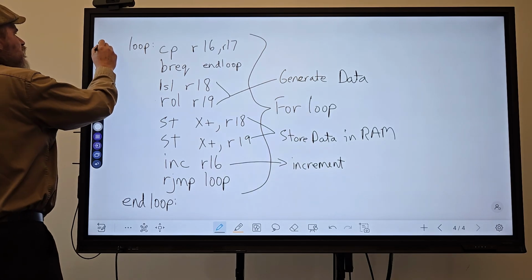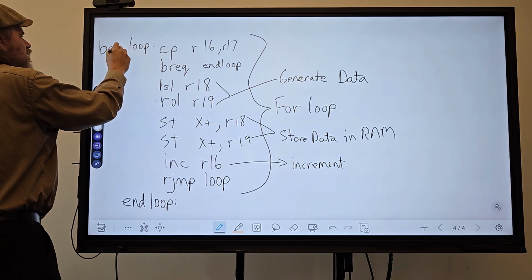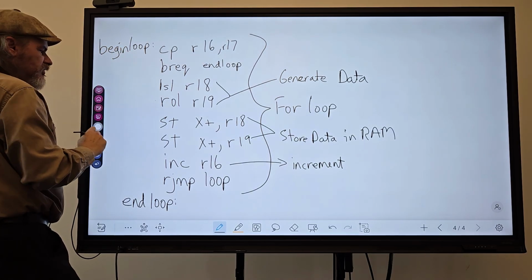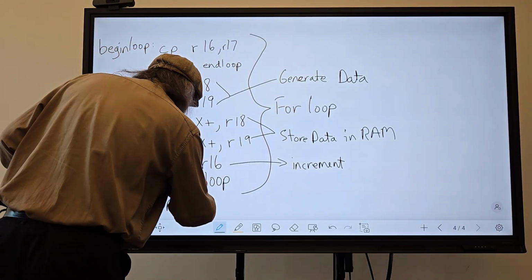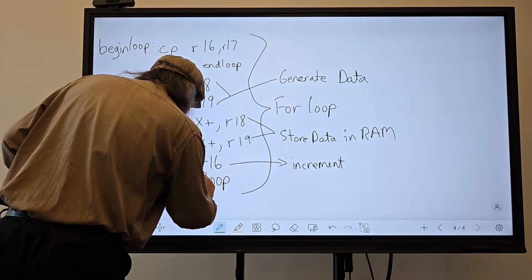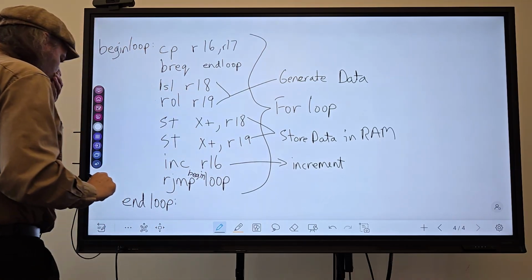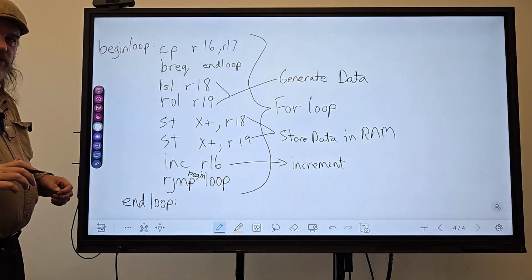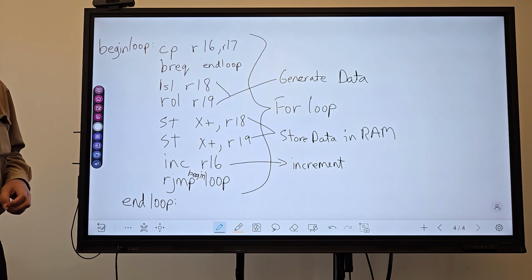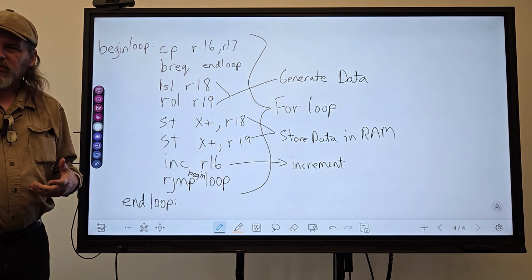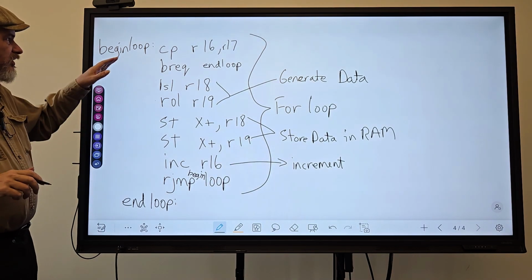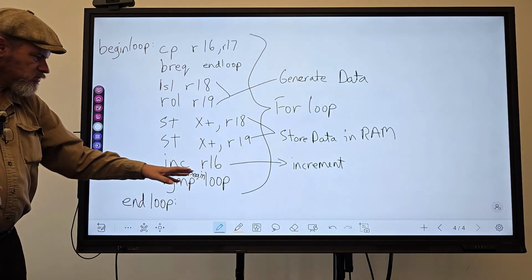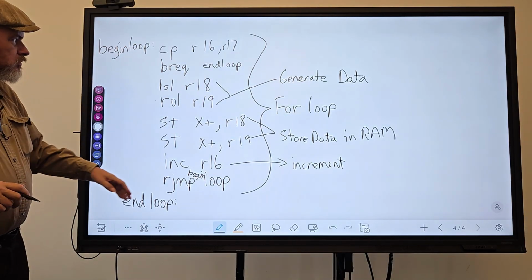You might want to have this be begin loop, because the main loop is typically called loop. So I'll call this begin loop and our jump to that.